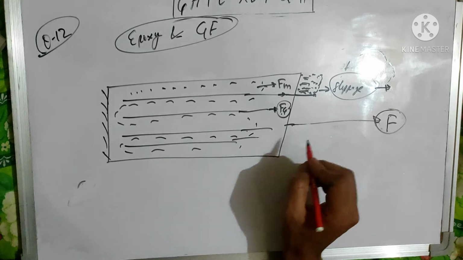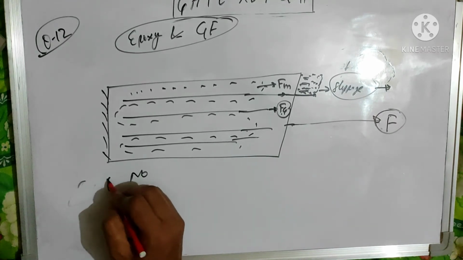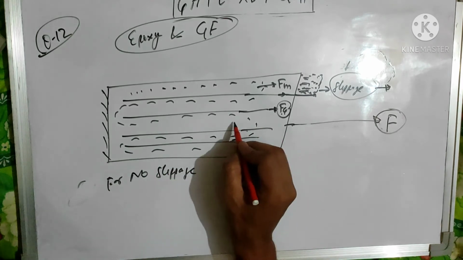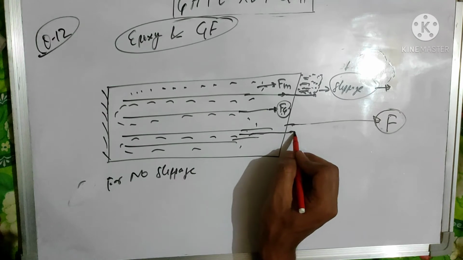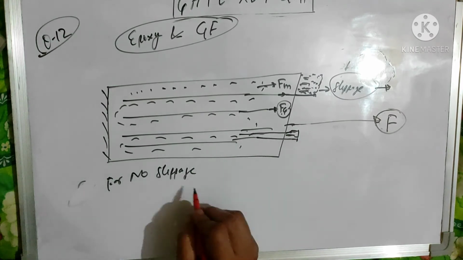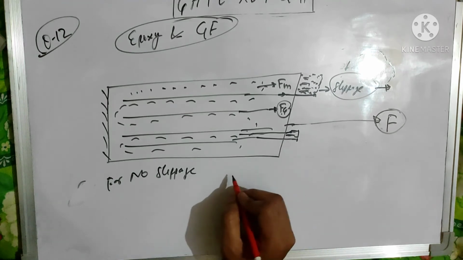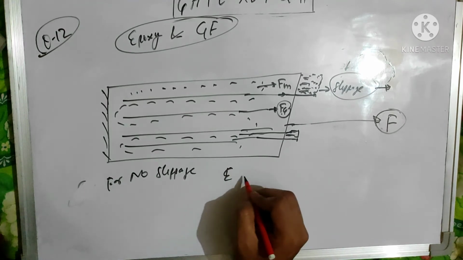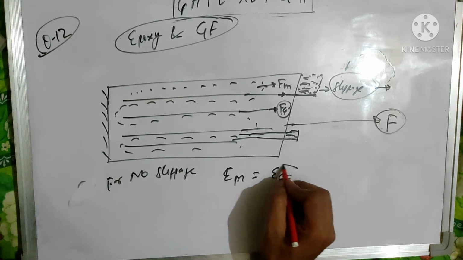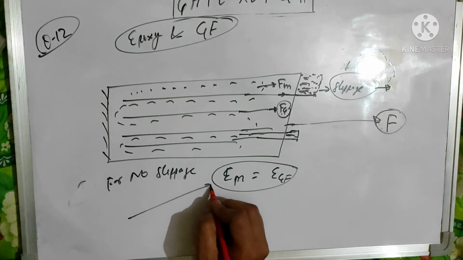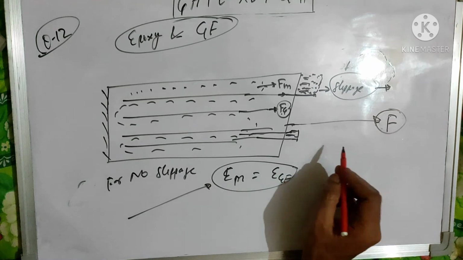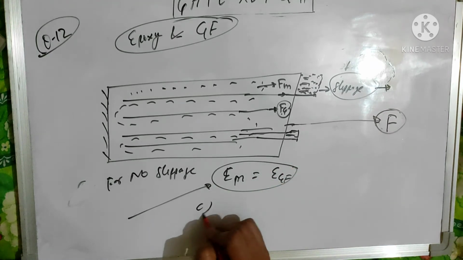But for no slippage, the strain produced in the polymer matrix should be equal to the strain produced in the glass fiber, for no degradation and no loss of the mechanical property of the polymer composite. So option C is correct.